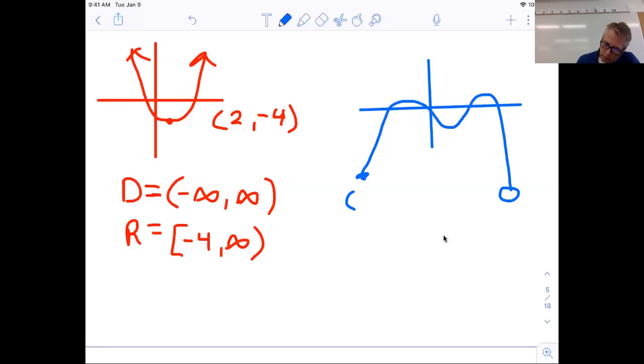Let's say this coordinate over here is at -15, -8. Let's say this point here is at 10, 2. And this open circle here is at 12, -11.